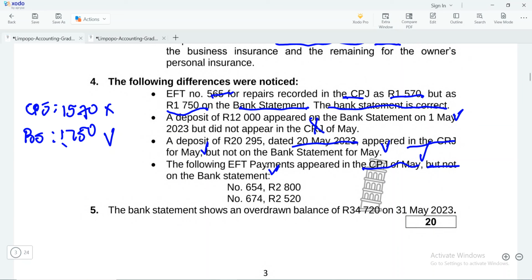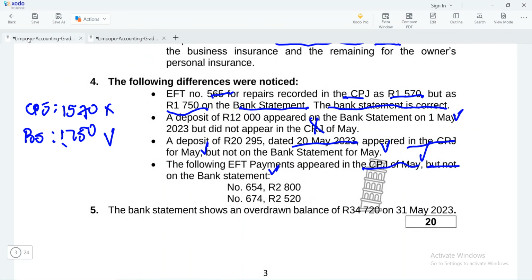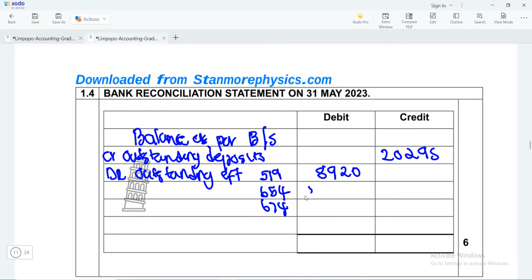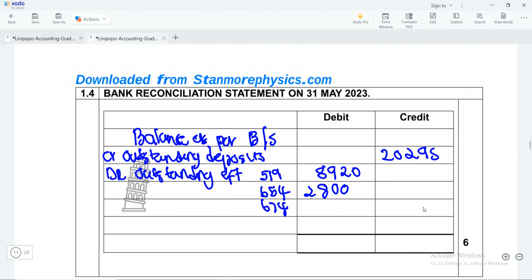So number 654 and 674, and from there we'll enter the amounts. For 654 we have 2,800, so remember it's going to be on the debit side, so it's 2,800. And then for 674 it's going to be 2,520. So it will come this side, 2,520.